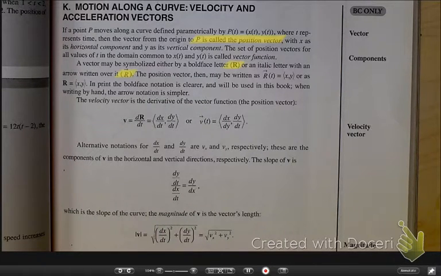The most probable way you'll see it written by hand is more like this one, so I'll highlight it in pink. It's this r of t with an arrow over the top equaling x comma y. And notice that it has those wide caret brackets around it. So that's vector notation.